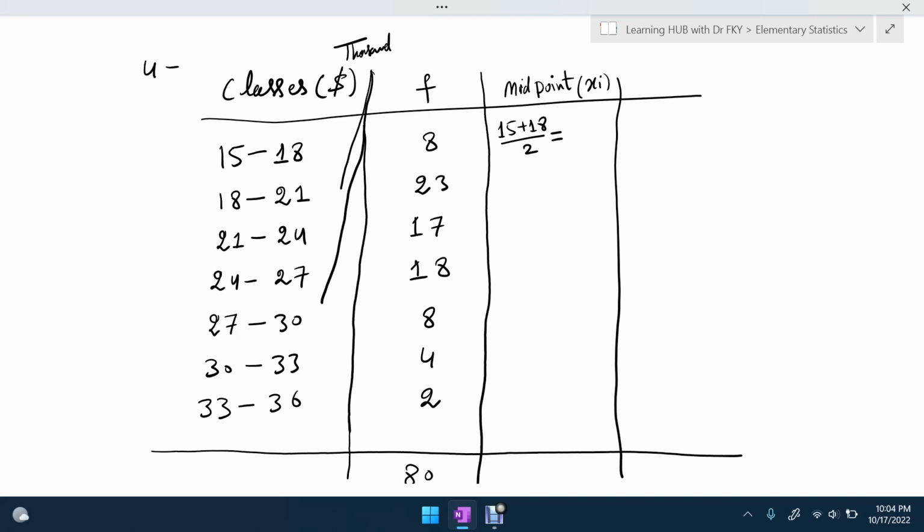This should be 15 plus 18 divided by 2. This will give you 16.5. So the first midpoint is 16.5.